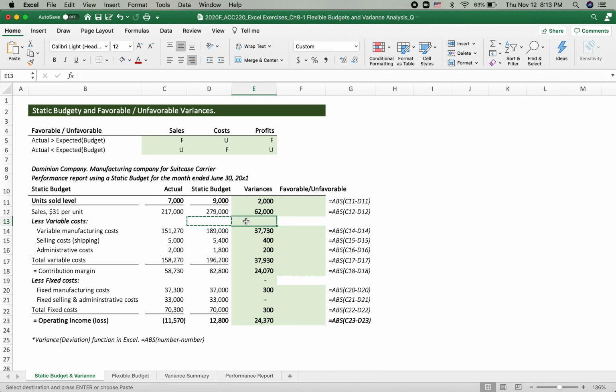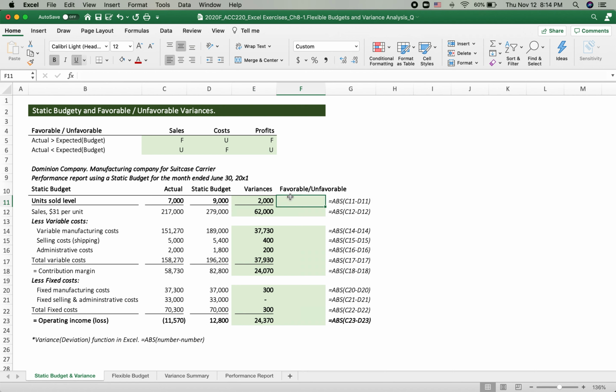Then I want to fix some unnecessary part. Then we found the variances here on the sales unit, the total variable cost, and the fixed cost.